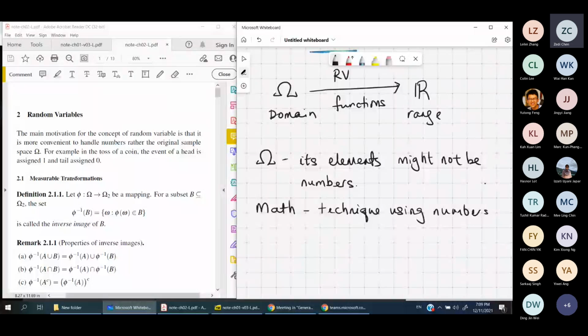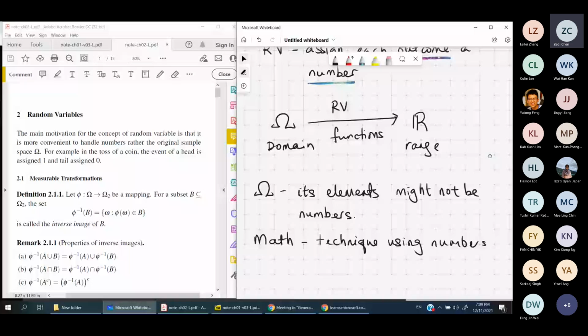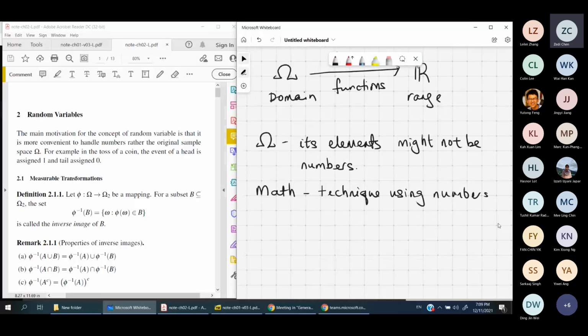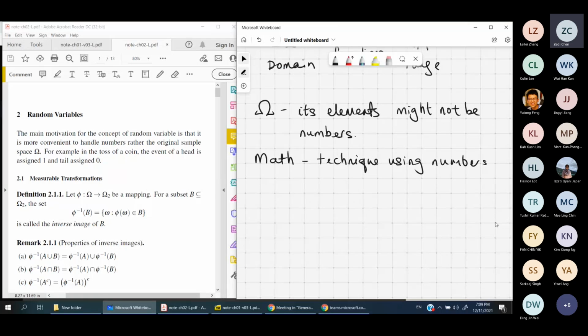So roughly speaking, you can put it this way: a random variable is a function whose domain is a sample space and whose range is R here. So that's why we have to talk about functions.